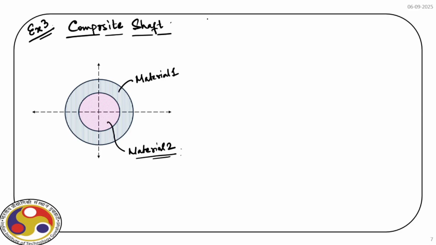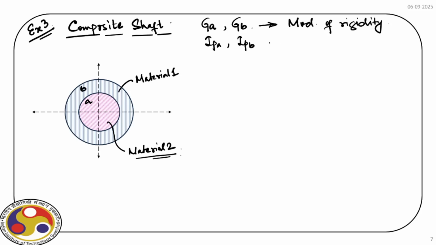Obviously their shear moduli are different. So we have, say, GA, GB. This one is, say, A, and the outer material is B. So GA and GB are the moduli of rigidity, right? Also we have IPA and IPB.